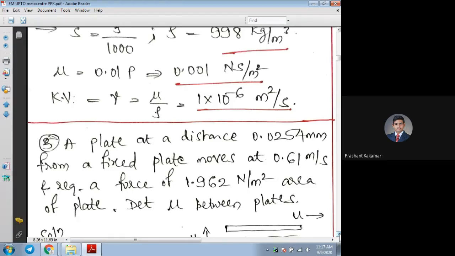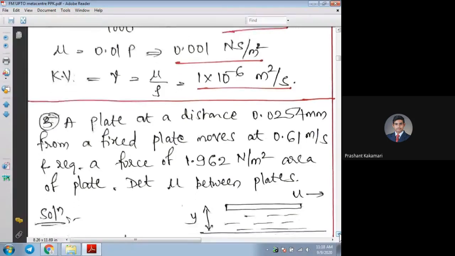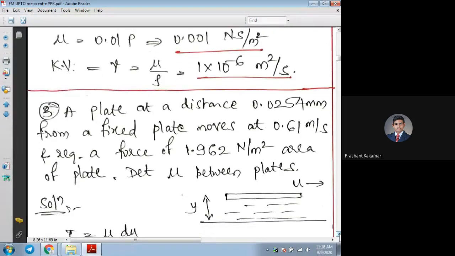This is nothing but the shear stress we have to apply. That is the tangential force applied on the liquid surface, 1.962 Newton per meter square area of the plate. Now you need to find out the dynamic viscosity of this liquid between the plates. So the sketch is made here.